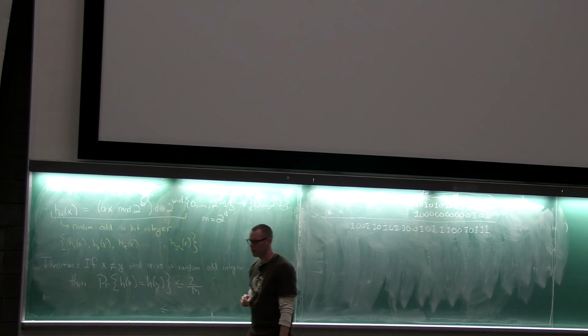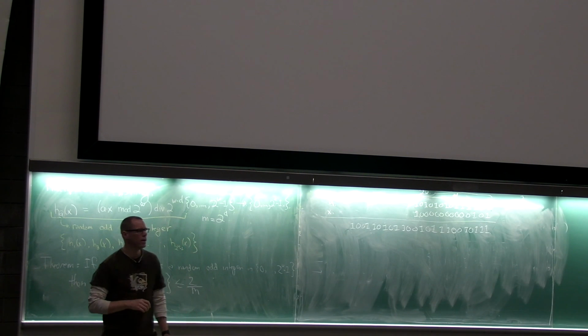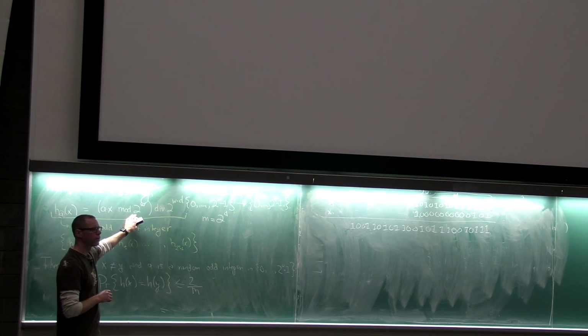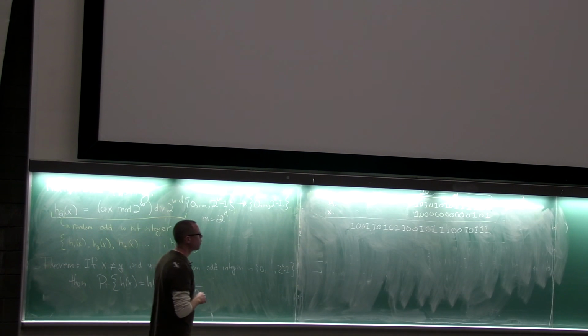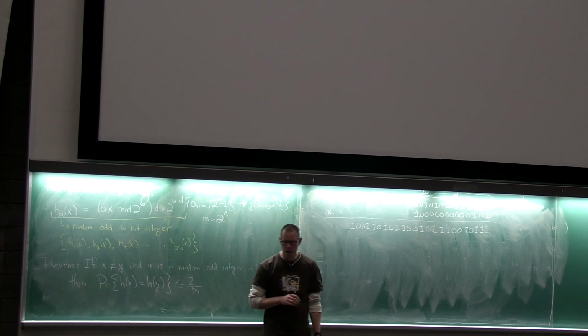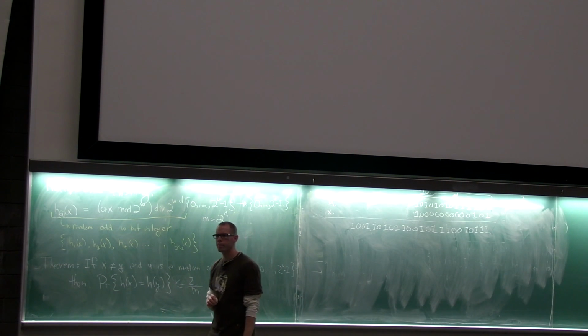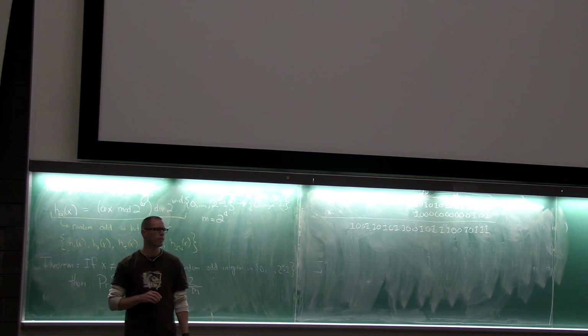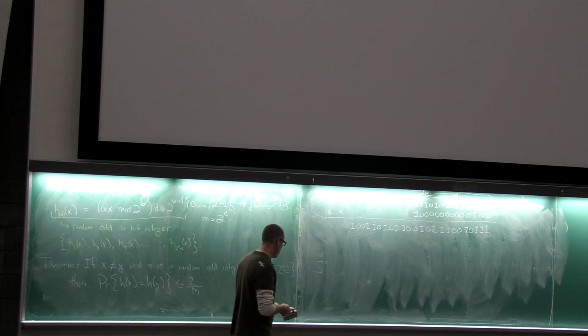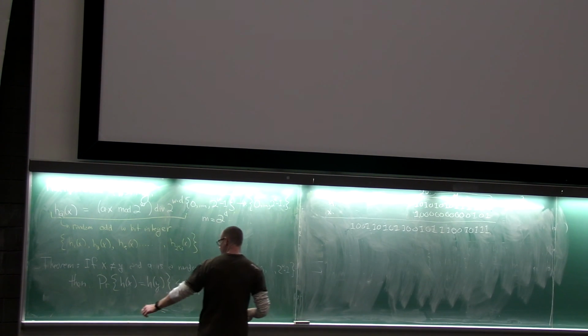Now what's the next thing that we do in this hash function? We take this whole thing mod 2 to the w. In this binary representation, when you take something mod a power of 2, what does that mean? You can do it with an AND.